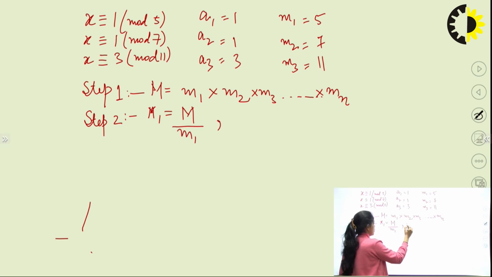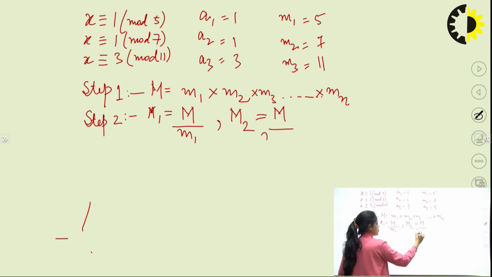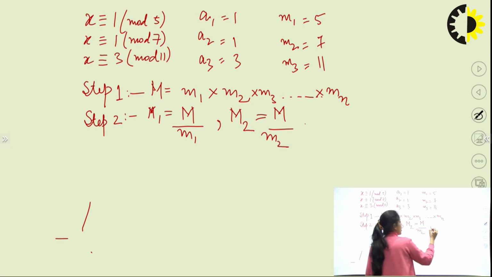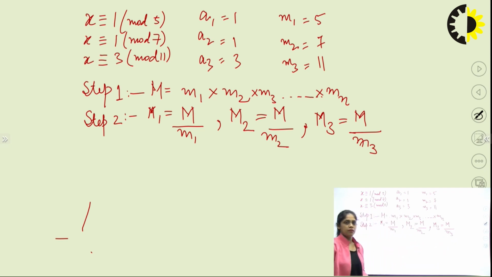In the same way, M2 will be capital M divided by small m2, and M3 will be capital M divided by small m3. Always remember, for this question we have 3 equations. The number of equations may vary, and accordingly the number of capital M and small m will also vary.